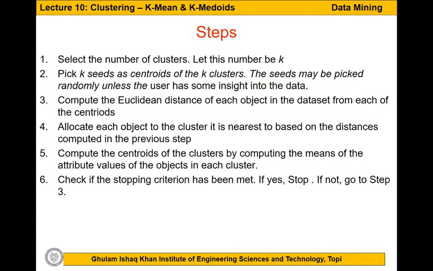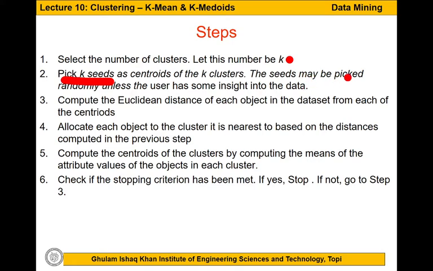So to start with, we select the number of clusters, and the number of clusters is stored in k. Then pick k seeds as centroids randomly.